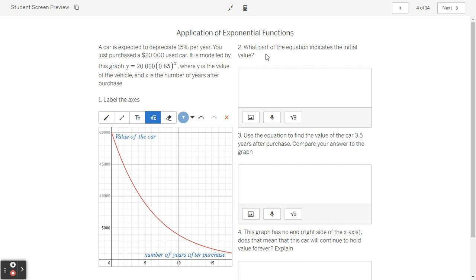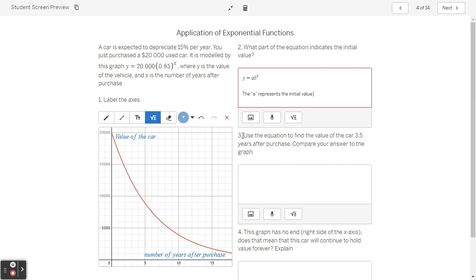What part of the equation indicates the initial value? The general equation of our exponential function, y is equal to ab^x. We have 20,000 being the a. So our coefficient of the power, a, represents the initial value.